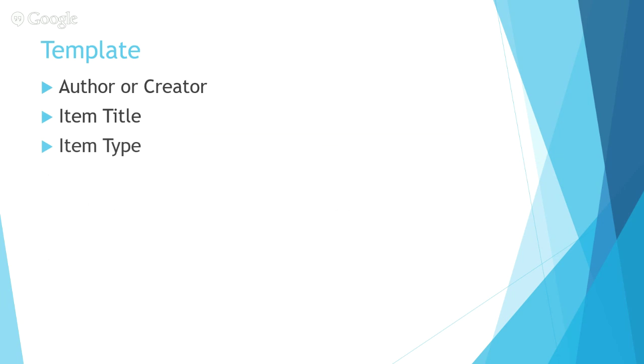But once we select the template, we need to fill out some fields, as my spreadsheet showed: the author or creator, the item title, the item type. Is it an image? Is it a database? And the website title, in this case, this series is going to be on Ancestry.com, and the URL for Ancestry.com.